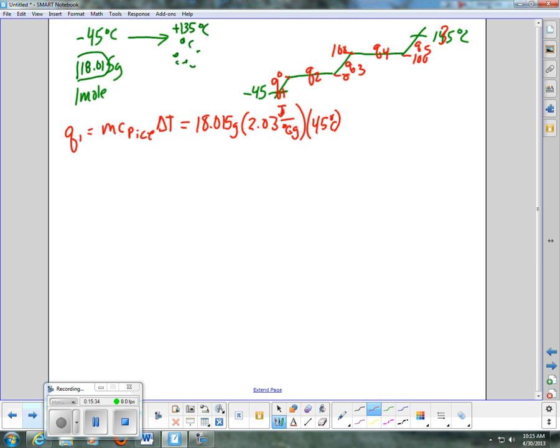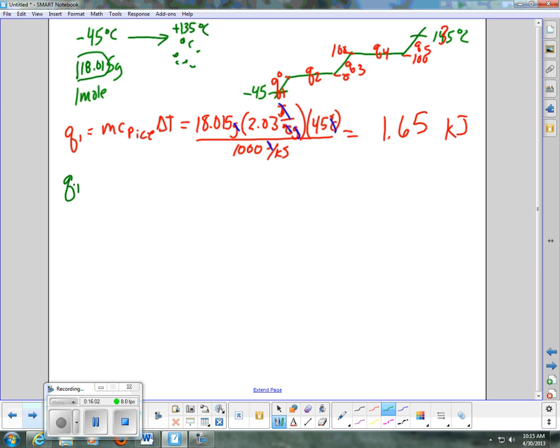Divide by 1,000, yes, because it's in joules, so we can get kilojoules. Everything should cancel but the kilojoules. So what do we get for our first one? 1.65.